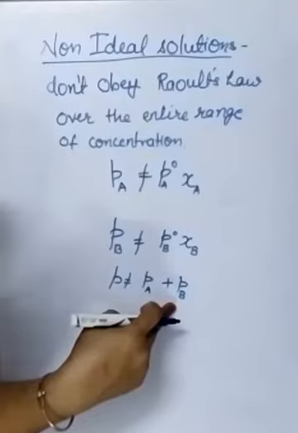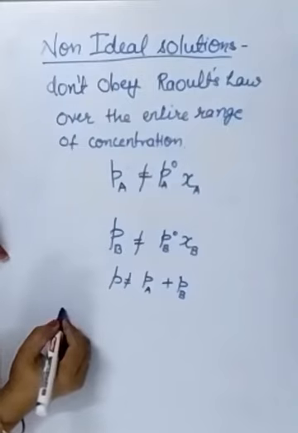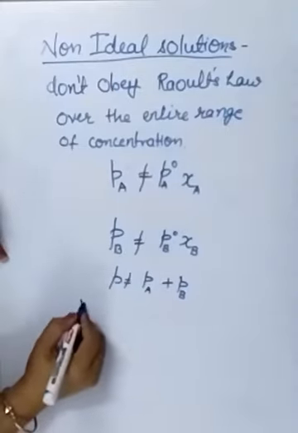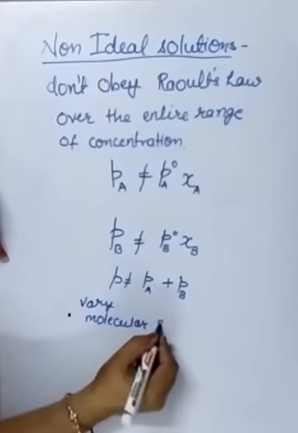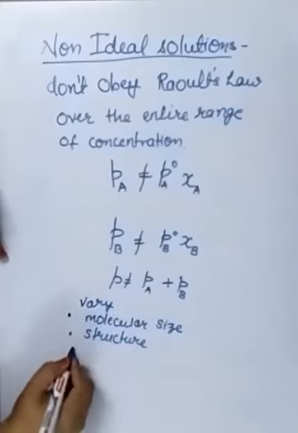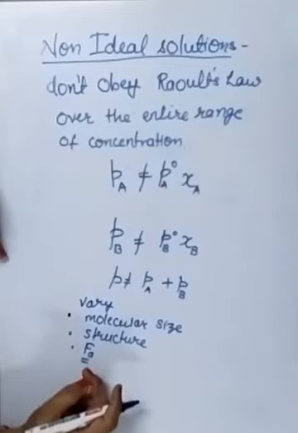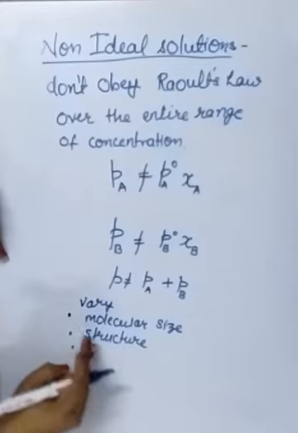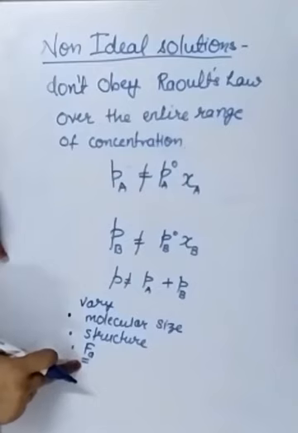So we'll see, when it does not follow Raoult's law, what's the difference? As we have seen in ideal solutions, the molecular sizes were similar. Here the two components may vary in molecular size, or they may vary in structure, or the forces of attraction between the particles of the two components are not of the same order. These three factors affect their behavior when they are mixed. If molecular size is the same, structure is the same, and force of attraction between the particles of the two components is the same, then they follow Raoult's law and become an ideal solution after mixing.